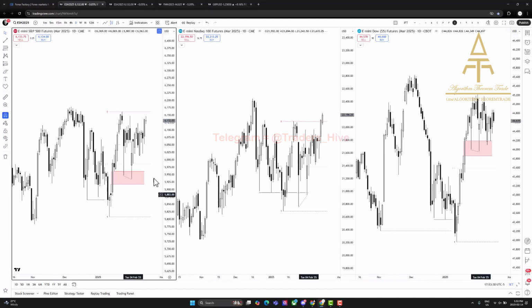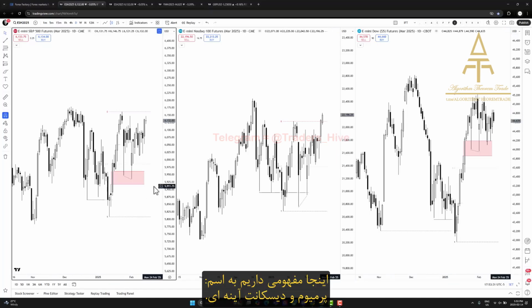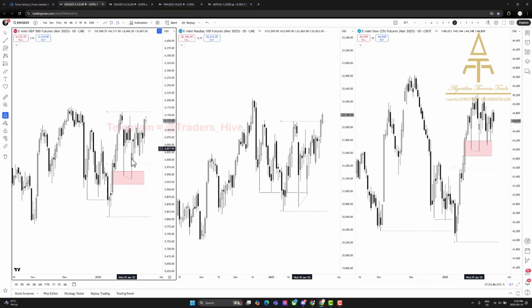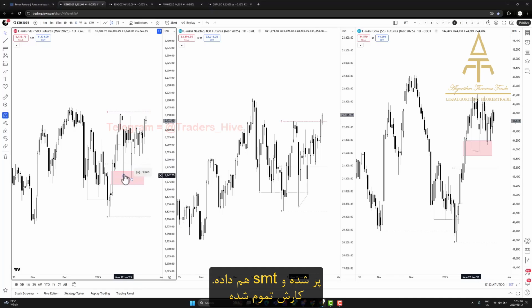Just as here. This is a concept that I call mirror premium and discount, right? So within the S&P 500, the gap within the lower half of this range was breached, it was filled, SMT occurred, job done.